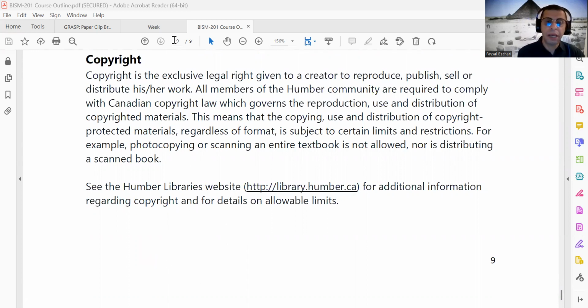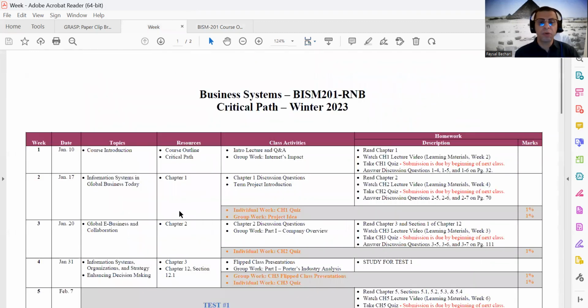Now, let's look at the critical path. Basically, we will start with the course introduction. That's what we do right now in the videos. We did the course outline, and now we're talking about the critical path. On January 17th, we'll talk about Chapter 1, information systems in global business today, a general introduction.